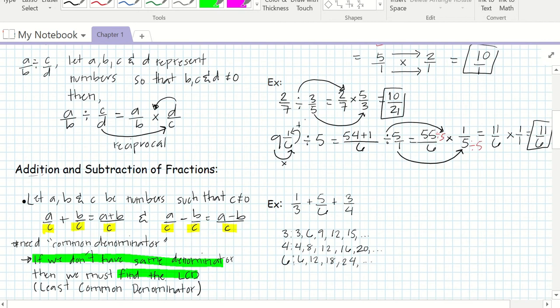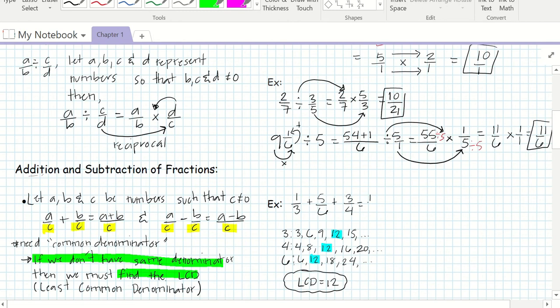Okay, so again, we want to find that LCD. From here, I can tell that 3, 4, and 6 have 12 in common. Okay, so that means that my LCD equals 12. So remember what that means is that I want all the denominators of the fractions to become 12.